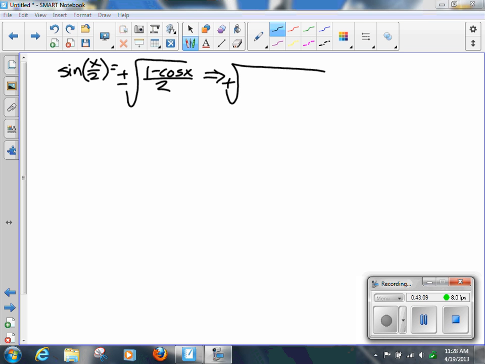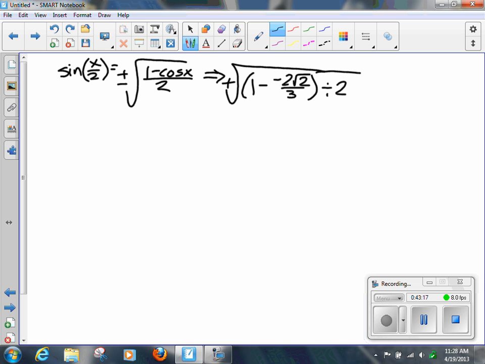We've got 1 minus negative 2 root 2 over 3, divided by 2. Are you with me so far? Okay? I've got minus a negative, which should be plus a positive. I also know that this is going to end up being 3 over 3 is 1, right? Because I have to have like denominators.